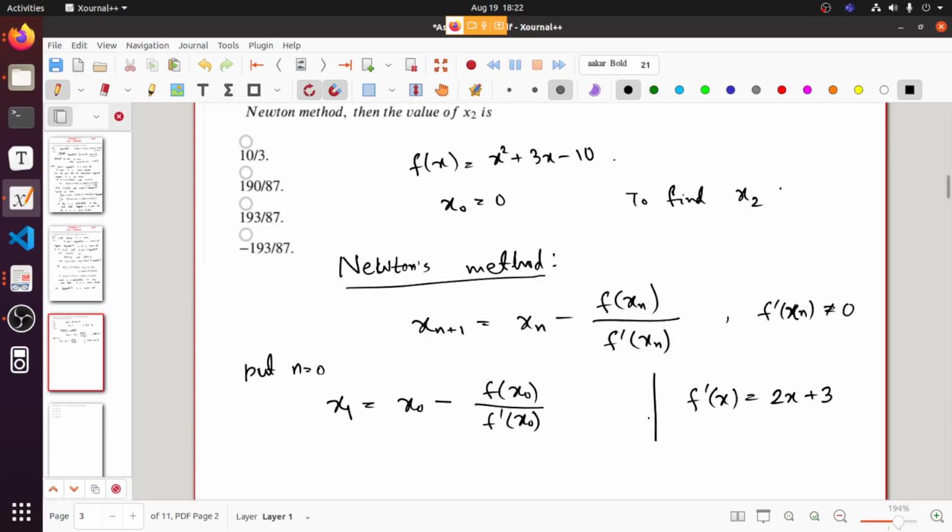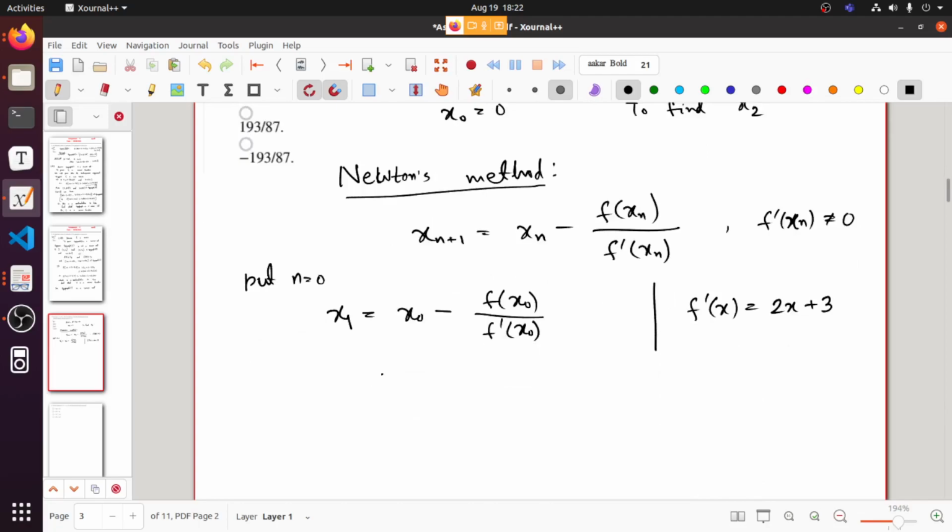So f dash of x0, with x0 equal to 0, f of x0 means x square, put 0, so it will be minus 10, by f dash 0, which gives 3. So what is this? 10 by 3, right? We get x1 equals 10 by 3.